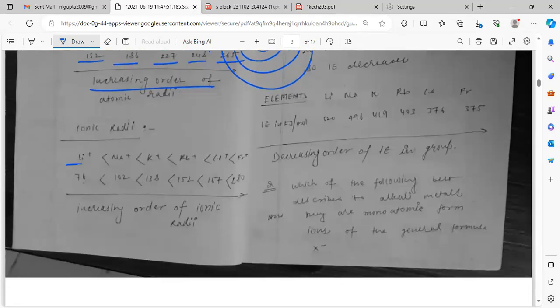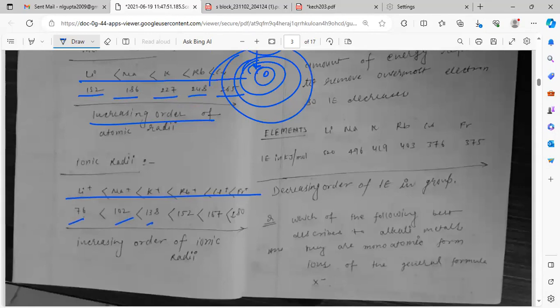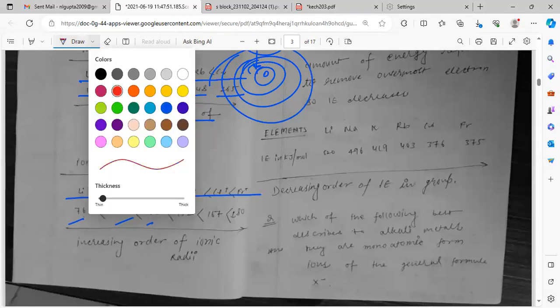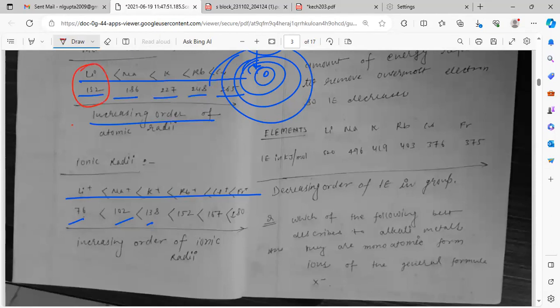Ionic radii also increase, 76, 102. Now tell me why, can you match this value? Here lithium is 152, but Li plus is 76. What is the reason behind this?